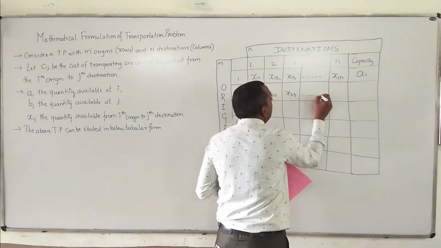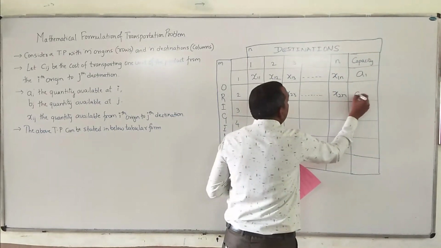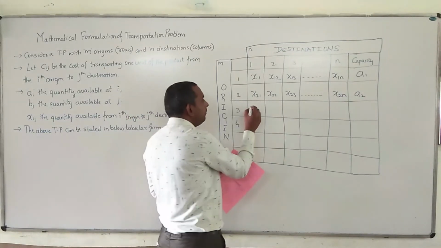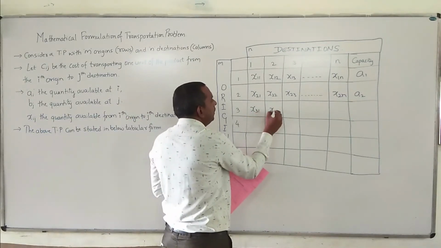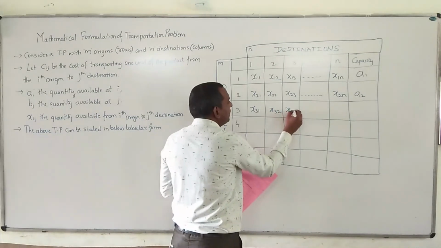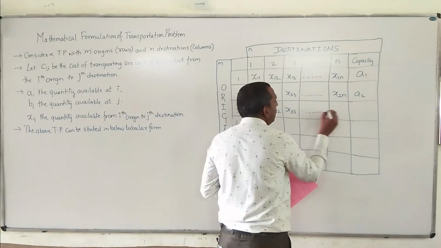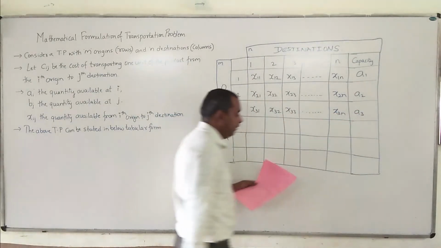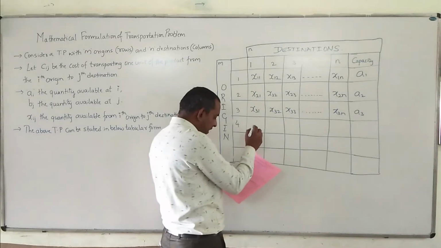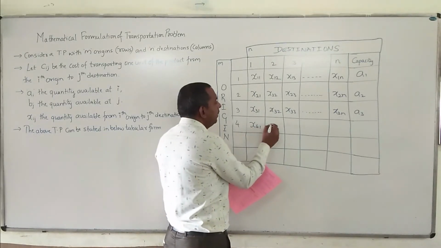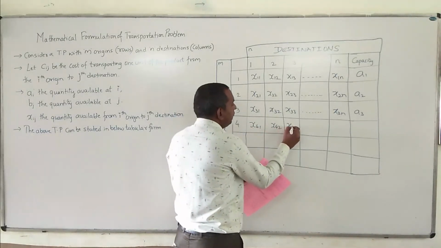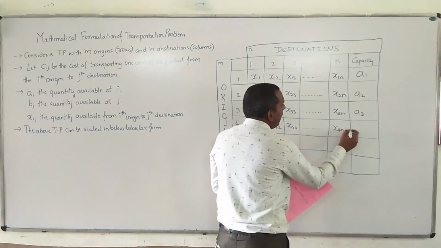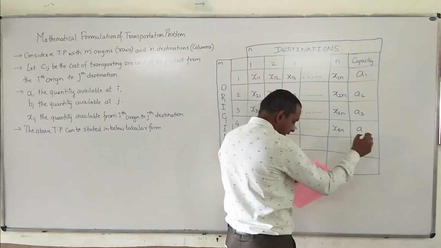In the same way x41, x42, x43, up to x4n, followed by A4.